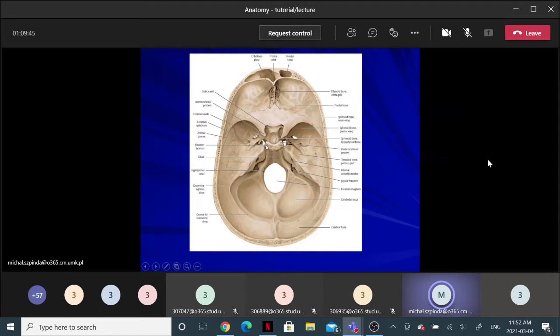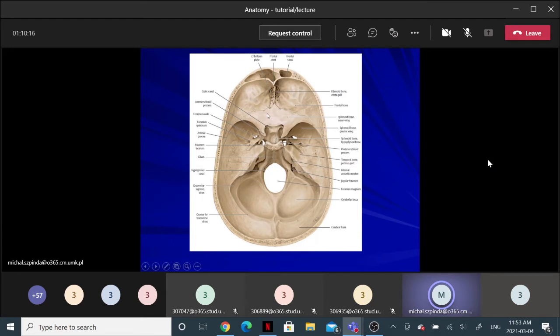We should say that the middle cranial fossa joins the pterygoid canal, which opens to the pterygopalatine fossa. So in fact, the foramen lacerum indirectly communicates the middle cranial fossa with the pterygopalatine fossa.